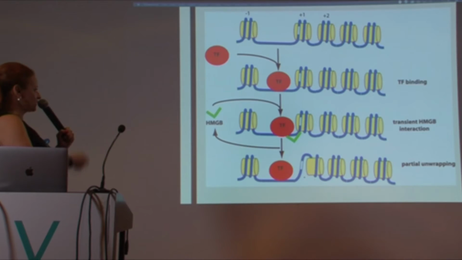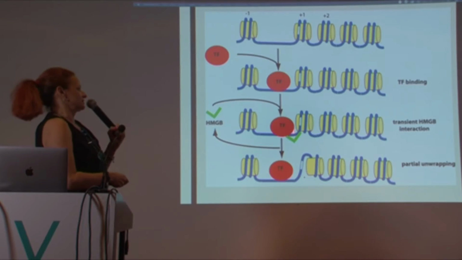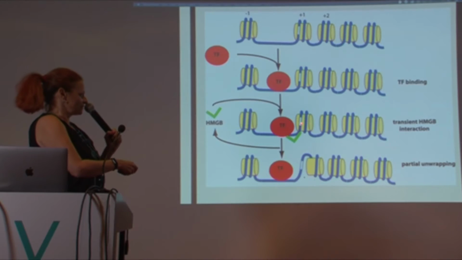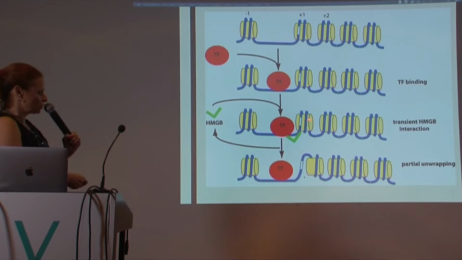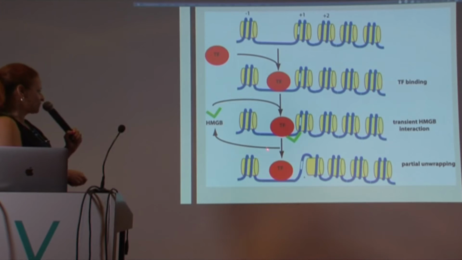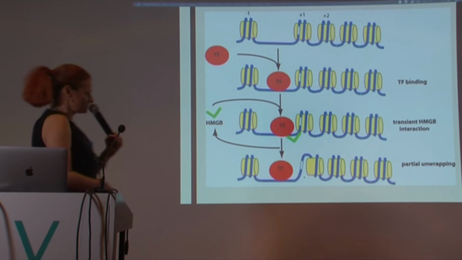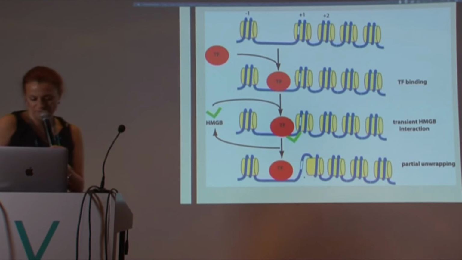So let's assume that HMGB1 came, kinked DNA and pulled it out from the nucleosome, and this partial unwrapping creates the possibility for the transcription factor to recognize its sequences and to start the transcription.